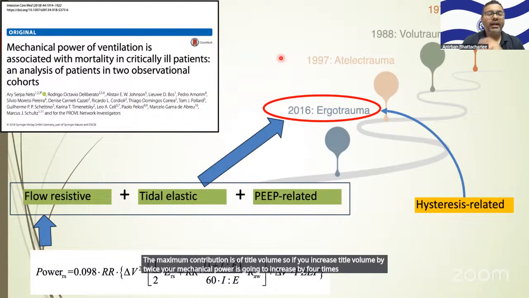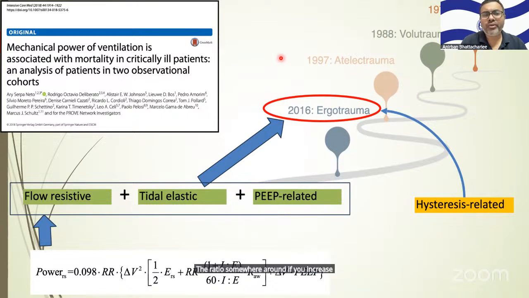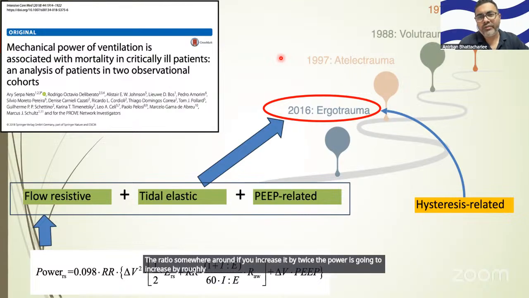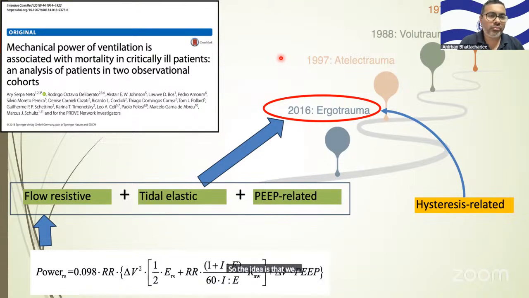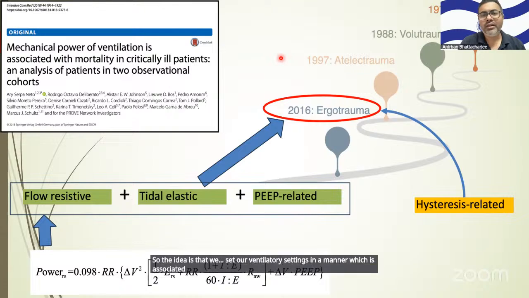Whereas for respiratory rate, if you increase it by twice, the power is going to increase by roughly 3, just to give you an idea. Whereas for PEEP, if you increase the PEEP by 2, the power is going to increase by 2. So the idea is that we set our ventilatory settings in a manner which is associated with the least power transference from the ventilator to the lungs.